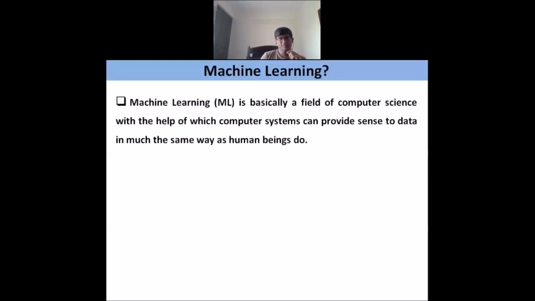Now, as we all know, human beings are pretty good at solving problems by learning things. We can learn from examples. We can train ourselves based on given examples, and once that learning and training is complete, we can apply that learning to solving different problems.